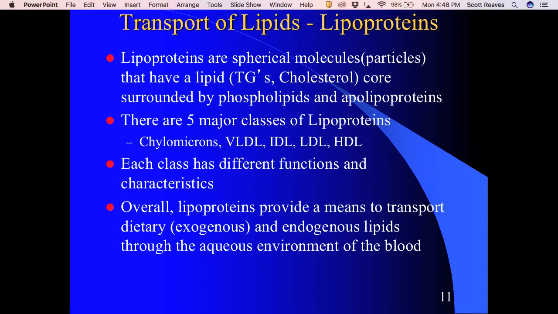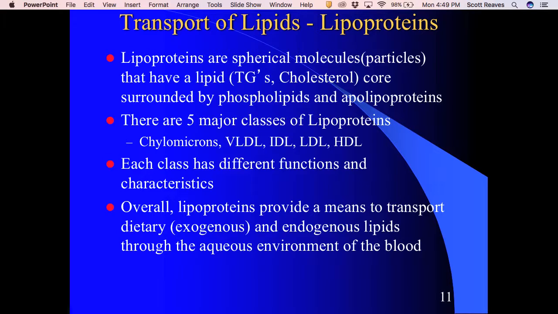Now we've gone from the lumen of the gut, through the intestinal cells. Now we have to be able to take lipids and transport them through the blood throughout the body. So the problem is those lipids are hydrophobic, so you don't put them right into the blood. You package them into transport molecules. Okay?